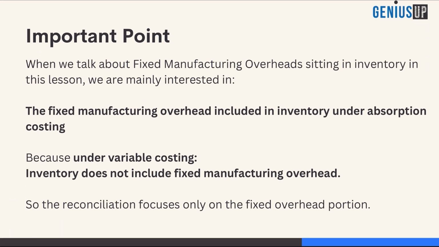An important point to note is, when we talk about fixed manufacturing overheads sitting in inventory in this lesson, we are mainly interested in the fixed manufacturing overheads that are included in inventory under absorption costing, because remember, under variable costing, inventory does not include fixed manufacturing overheads. Under variable costing, fixed manufacturing overheads are expensed immediately and they never form part of product cost or inventory.